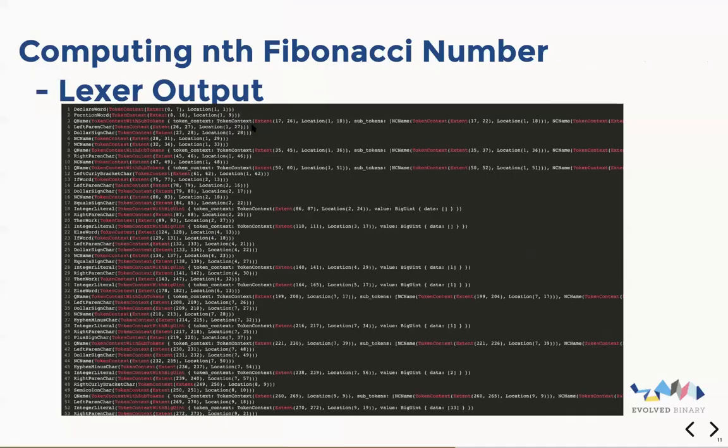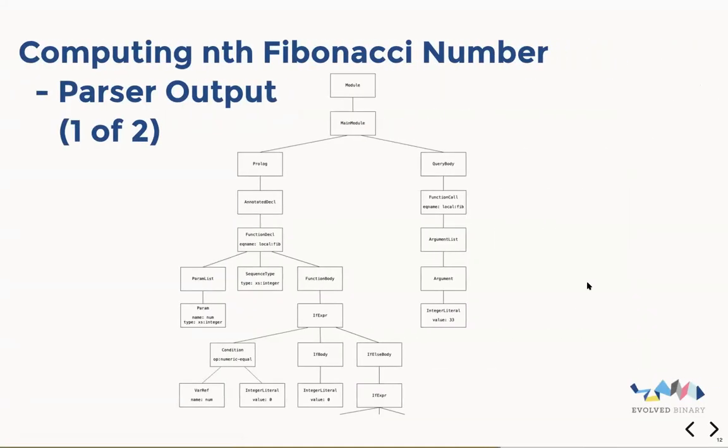So back to our slides. Okay, so we have our token stream, and that's the output from our lexer. Now we have our parser, and the input to our parser is the token stream from our lexer, and it's going to produce, as its output, an abstract syntax tree.